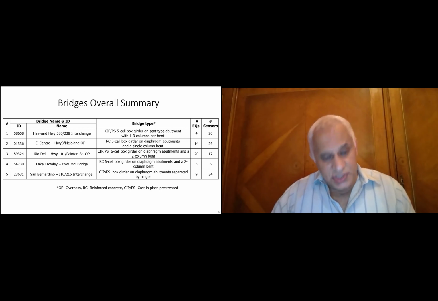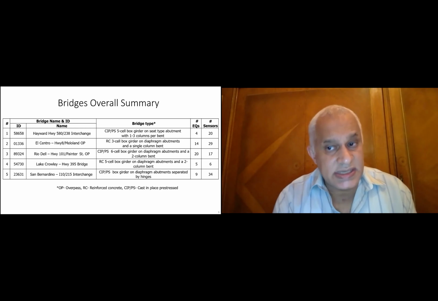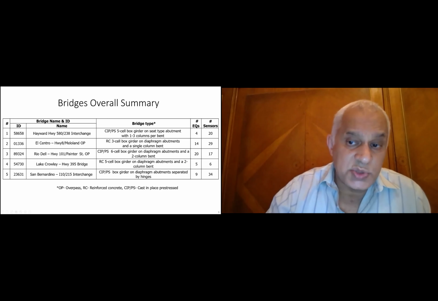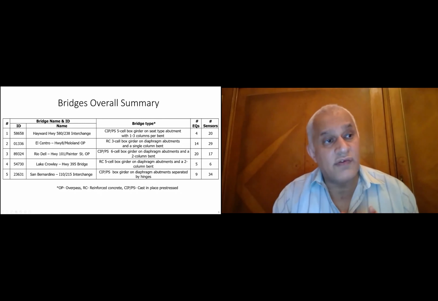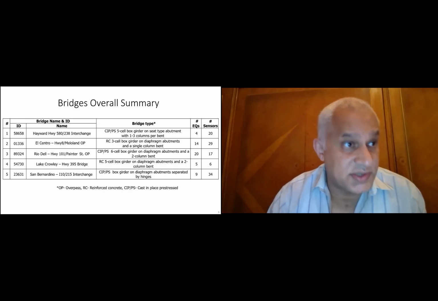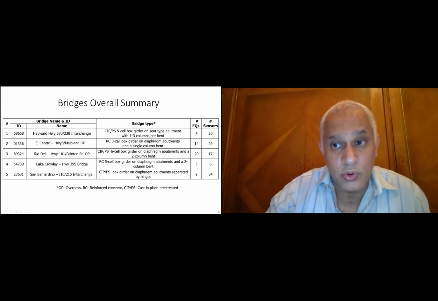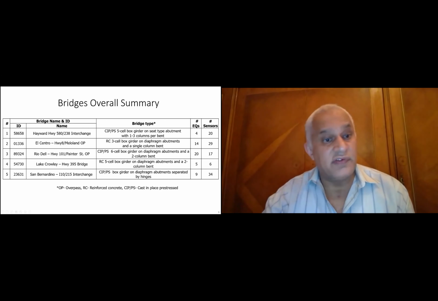These 5 bridges span different bridge systems. They span different bridges with different numbers of already recorded earthquake motions, and also bridges with different numbers of sensors, from 6 sensors all the way to 34 sensors.